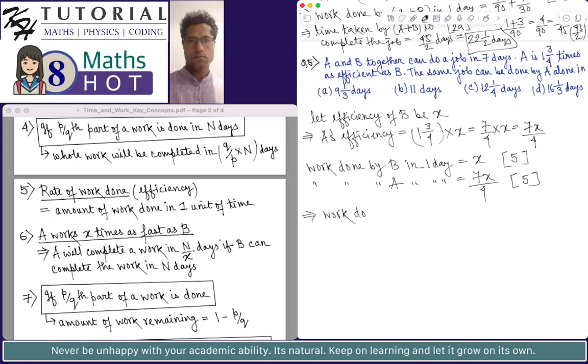Now let's see what is work done by A plus B, that is when A and B are working together. Work done by A plus B in one day will be equal to X plus 7x by 4. This is equal to 4x plus 7x by 4.